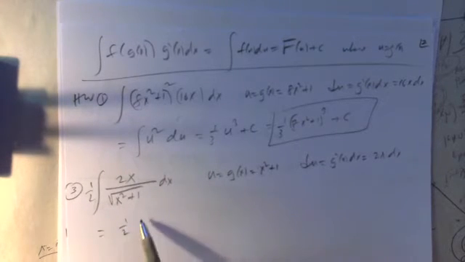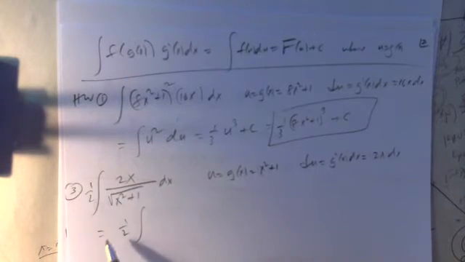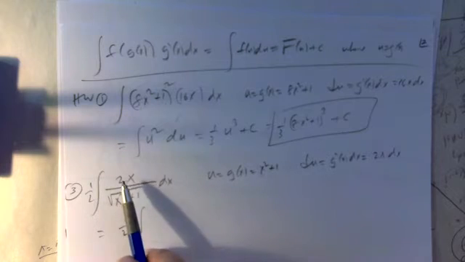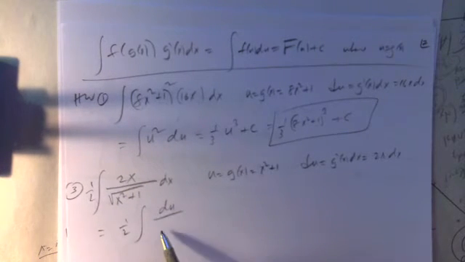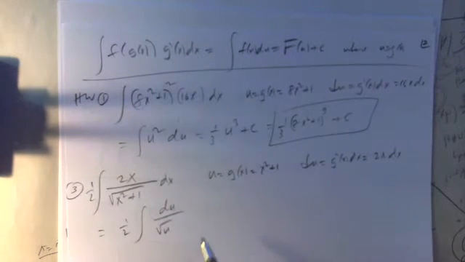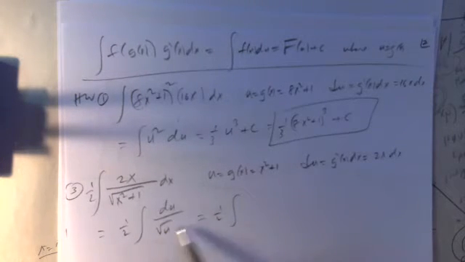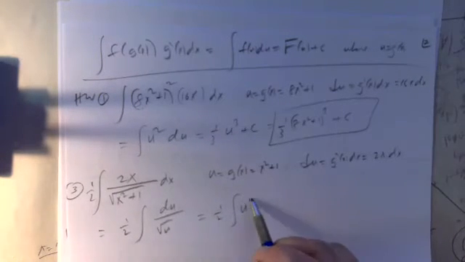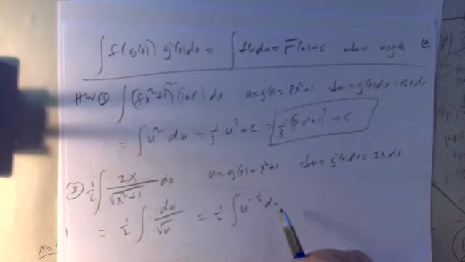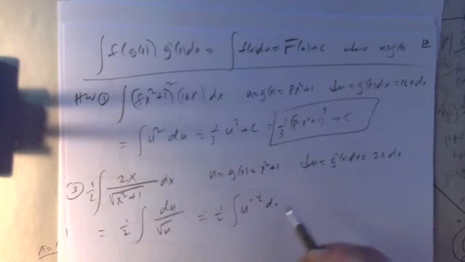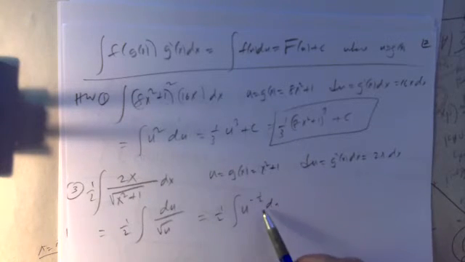And then when I make the substitution, I have a half. The integral of 2x dx is du over the square root of u, which is 1/2 the integral. So 1 over the square root of u, you have to know is u to the power minus a half. And we know how to integrate a power. You add 1.